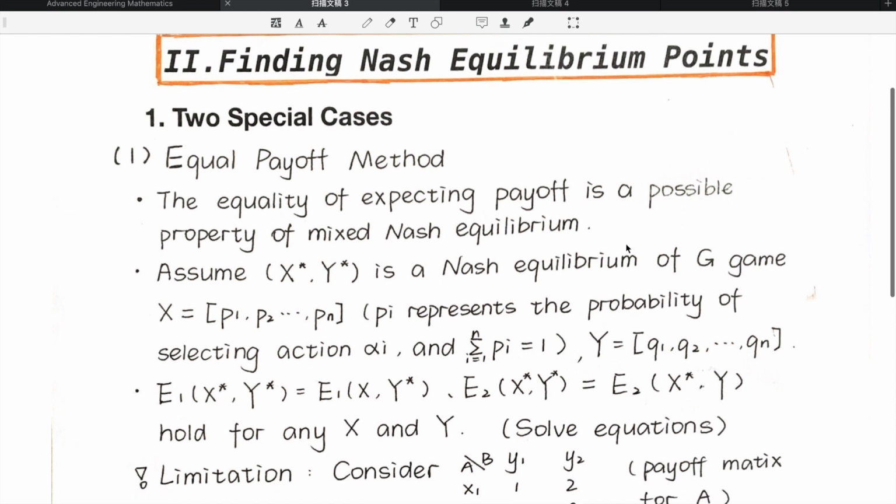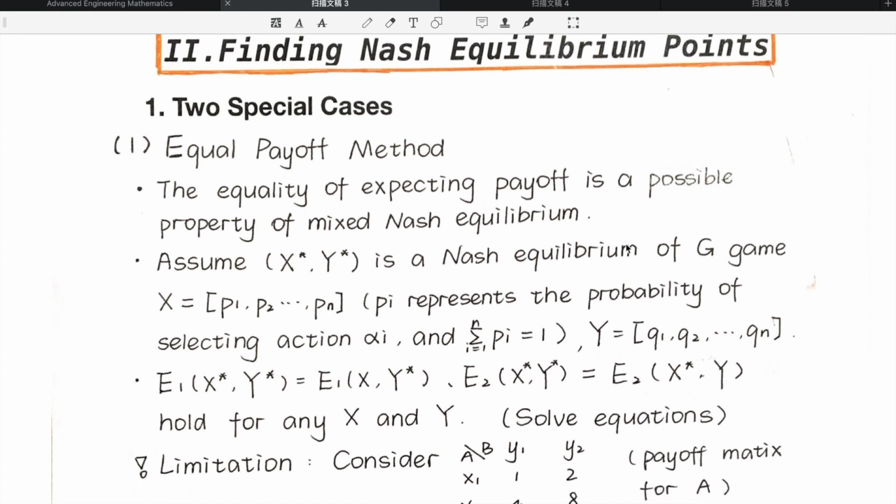And if B also takes strategies such that for player A, the expected payoff of each pure strategy is the same, A also cannot gain more by changing strategy. And then a Nash equilibrium is formed. To find such an equilibrium, we just need to solve two sets of equations.